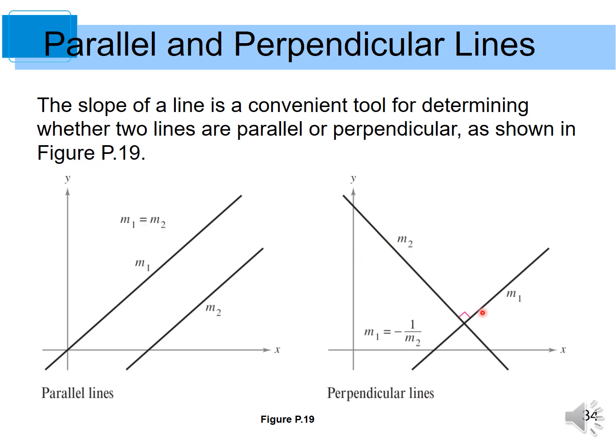And we say these two lines are perpendicular because they satisfy the condition m1 multiply m2 equal to negative 1.